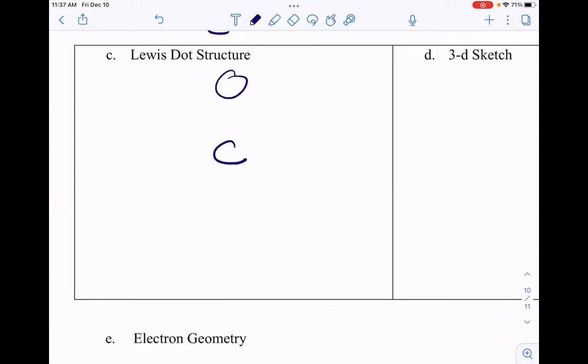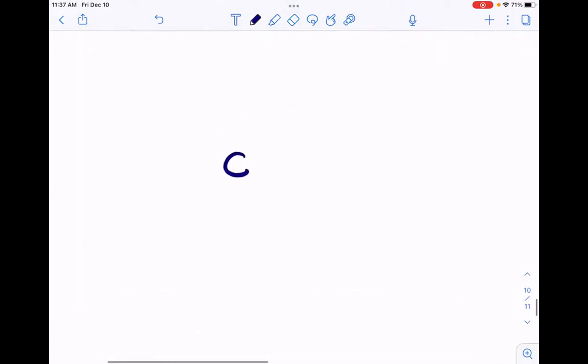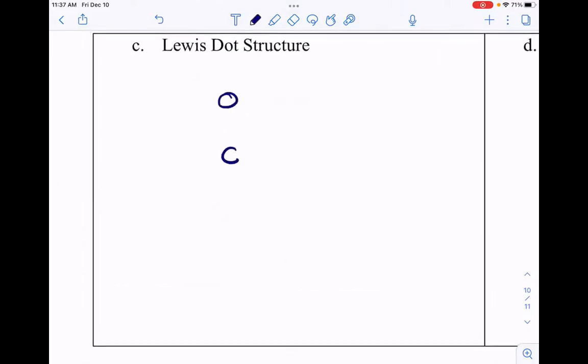So here we're just going to go ahead. Oops. You know what? Let me draw this a little smaller here. We'll put it off to the side. So carbon, and then oxygen, oxygen, oxygen. Same deal, we have to make our surrounding atoms octet. 1, 2, 3, 4, 5, 6, 7, 8, for each oxygen.